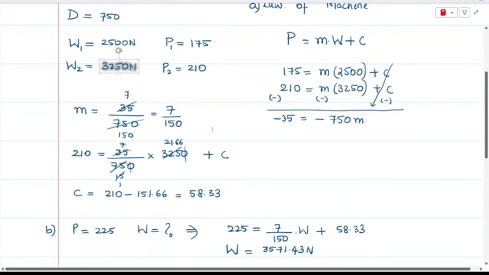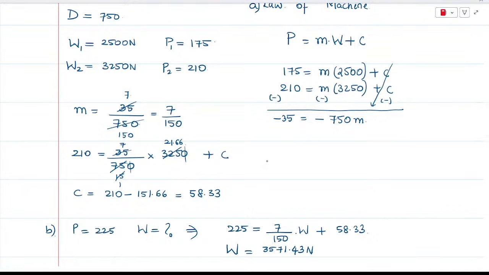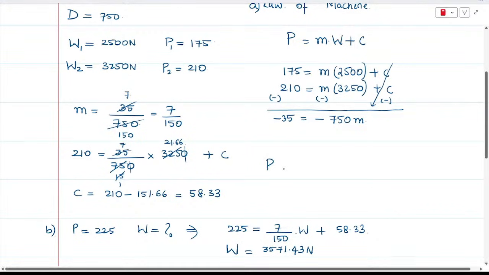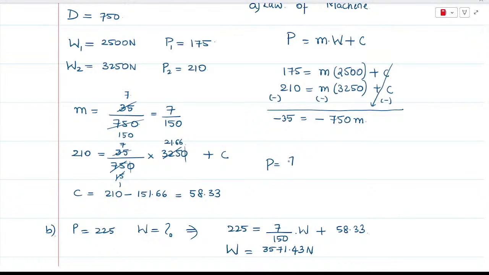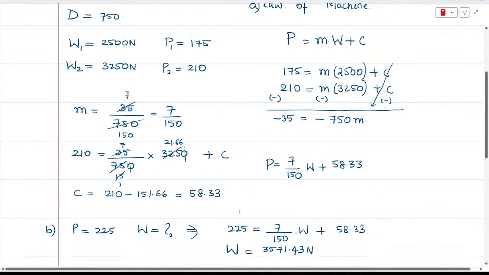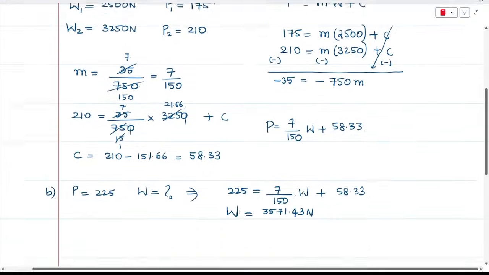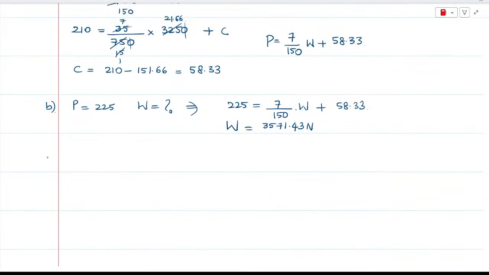Same way, if the effort is increased by 15 units, the load also will be increased, but the equation will be P is equal to 7 by 150 times W plus 58.33.